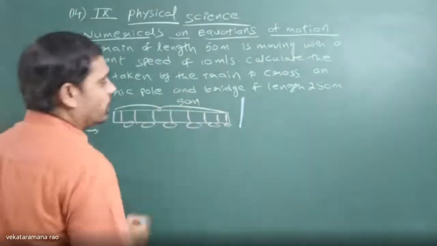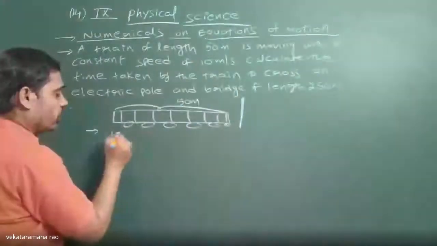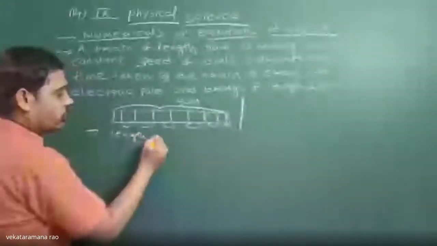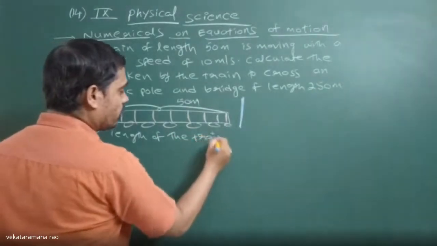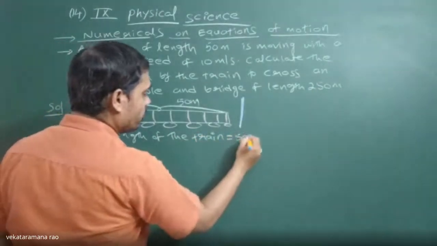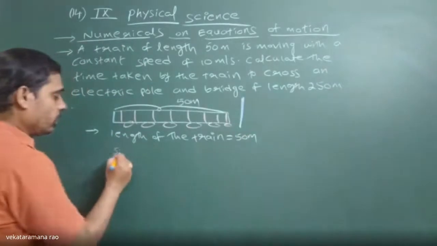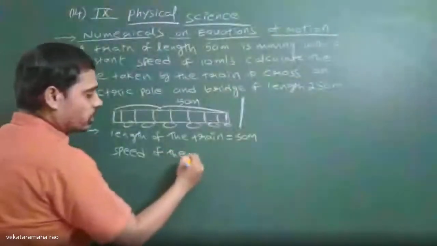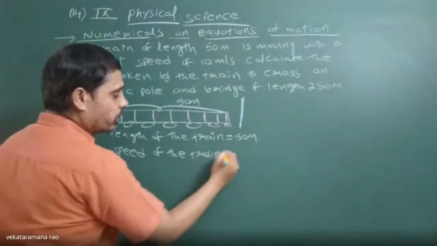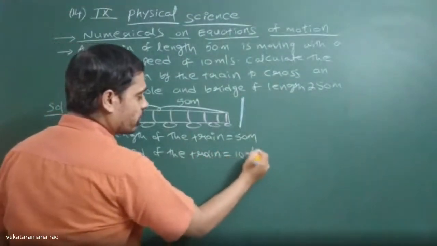The length of the train is 50 meters, and the speed of the train is 10 meters per second.